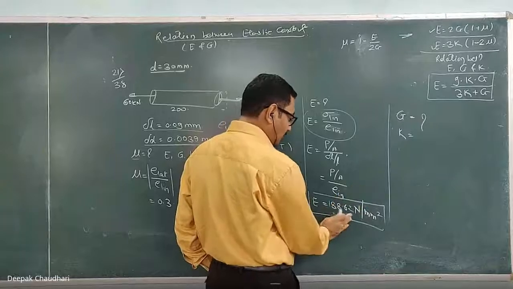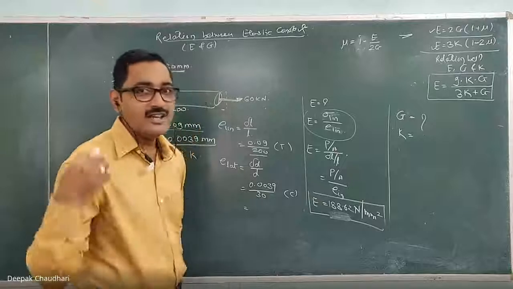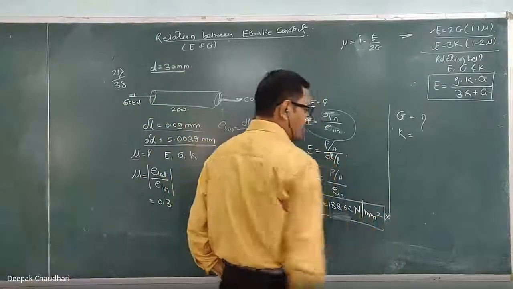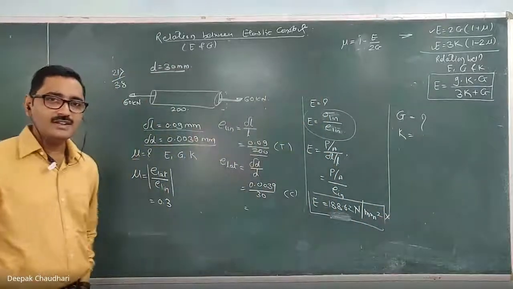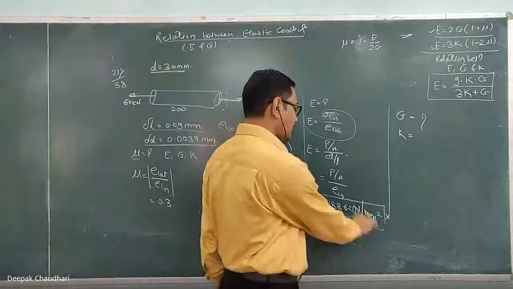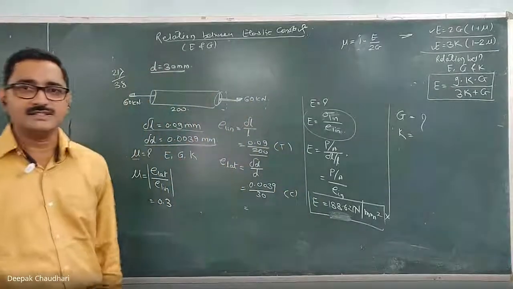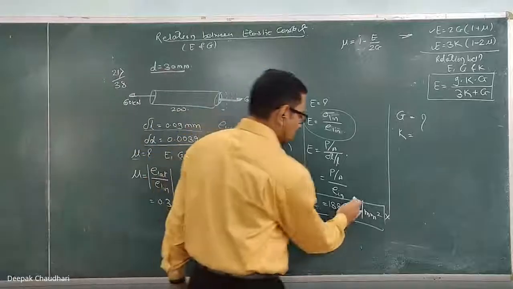If you write only 188.62 Newton per millimeter square, if I am the examiner, I will mark it wrong. Don't say later that the 10 raised to 3 or the k was not written. I'm not going to listen. You have to be careful while writing this. From the first lecture I am telling you.